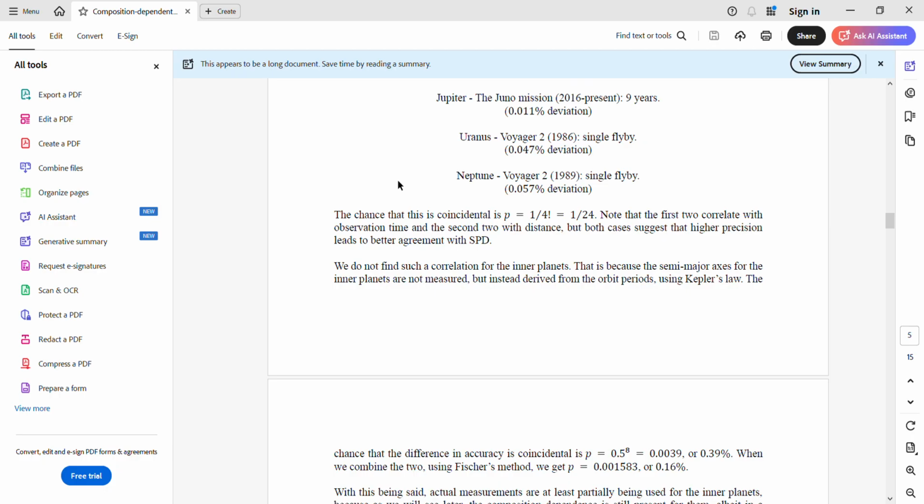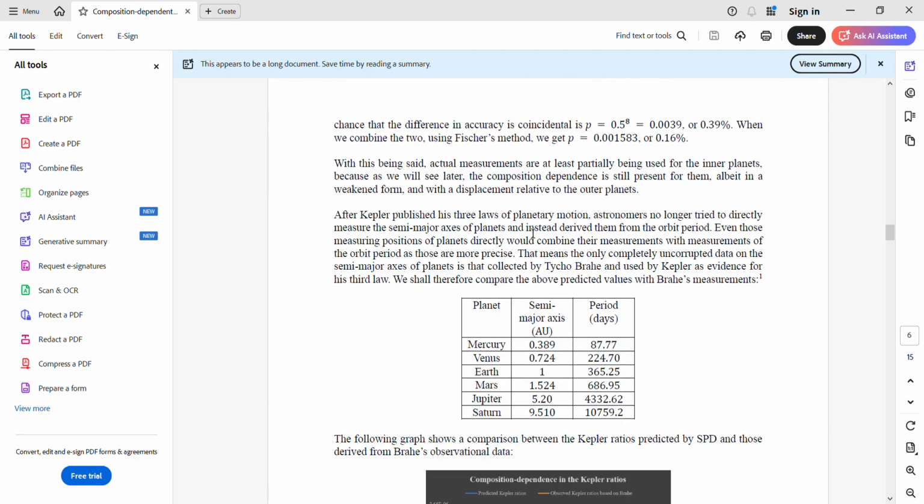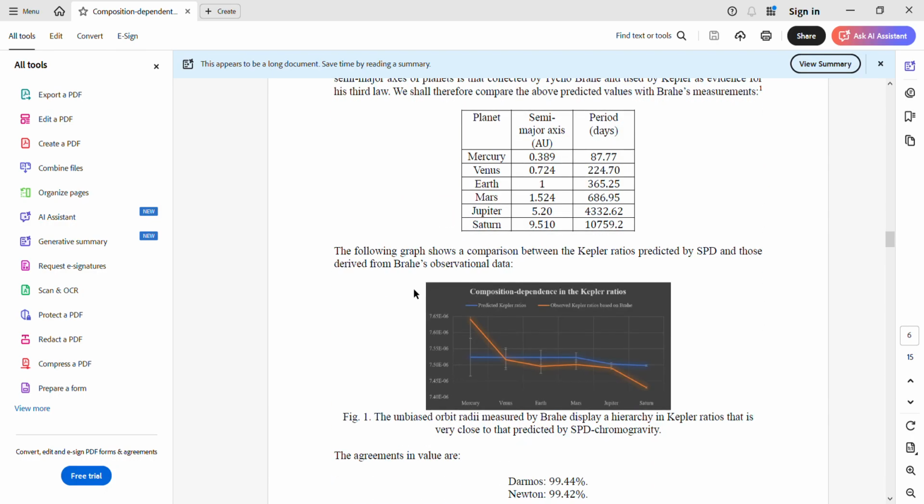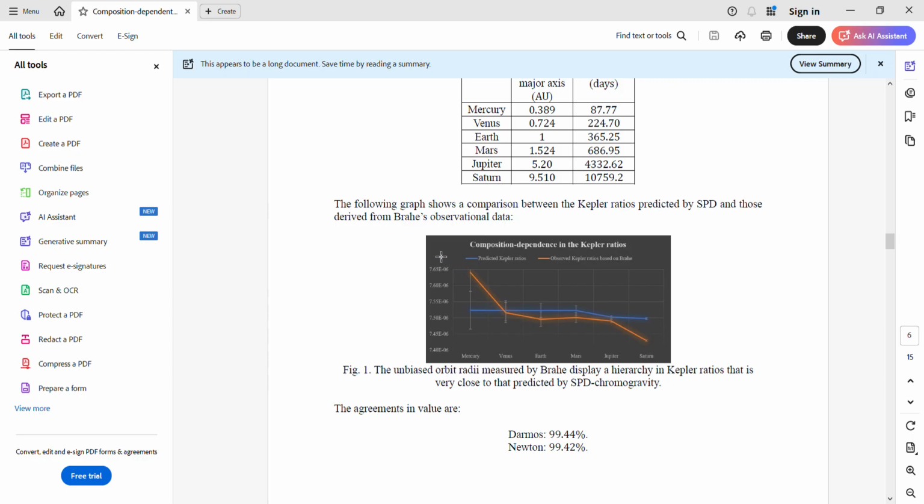So this is not new, but what I did before is I used the old Kepler data for the inner planets and then used the modern data for the other planets. I was mixing two different data sets, and that's a bit messy and not really very meaningful because the Kepler data is very, very old.